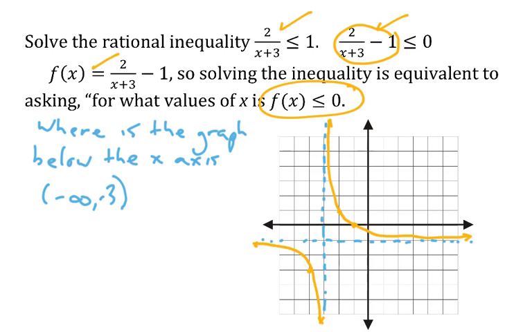We have to exclude negative 3 because that's where the vertical asymptote is. Then the graph is above the axis. So what I've represented so far is this branch. Then the graph goes above the axis for a while, but it goes back below the axis beginning right here and continuing on. So union negative 1 to infinity.